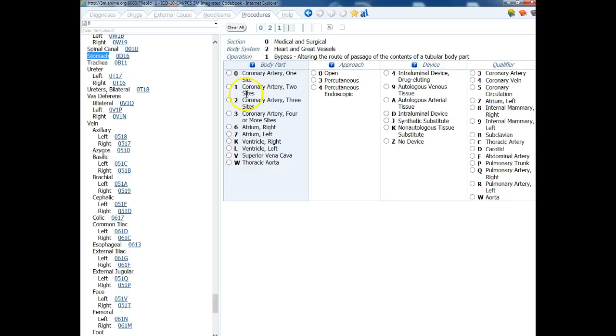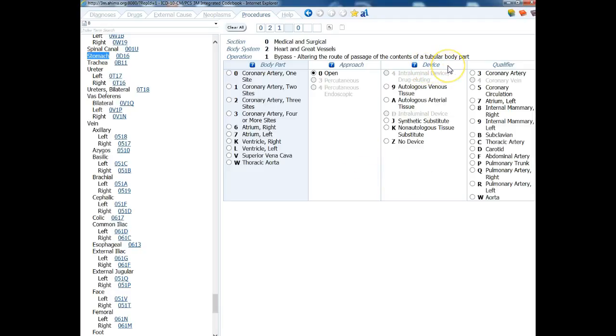There are other factors that impact this. The approach is obvious. Sometimes they will perform coronary artery bypasses percutaneously endoscopically, but there are only a few surgeons in the entire United States that do that. Typically, they are going to be coded to an open approach.